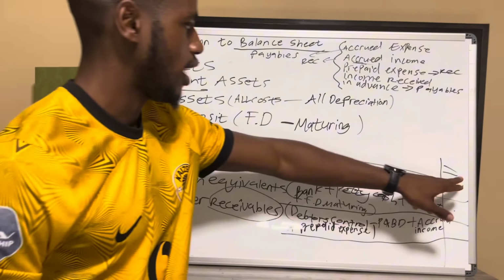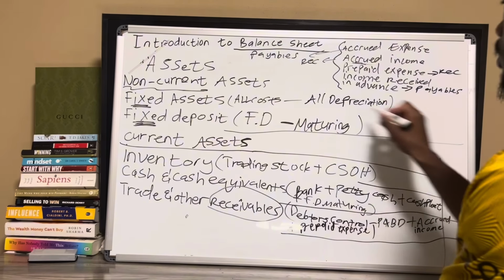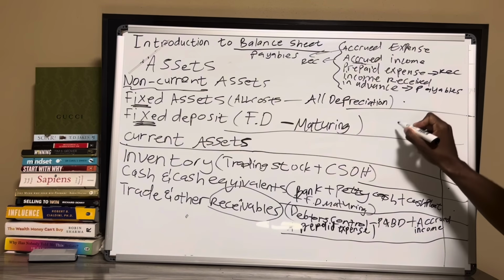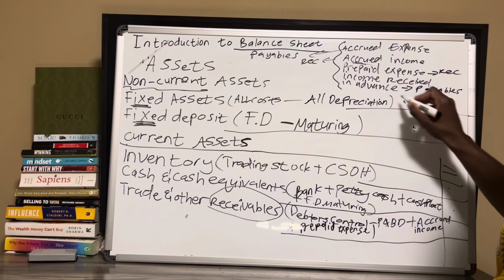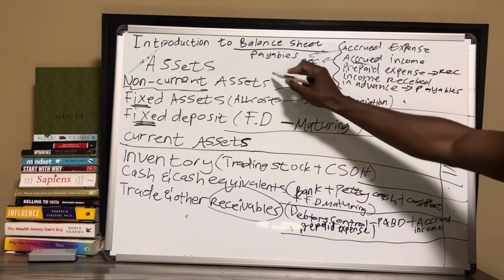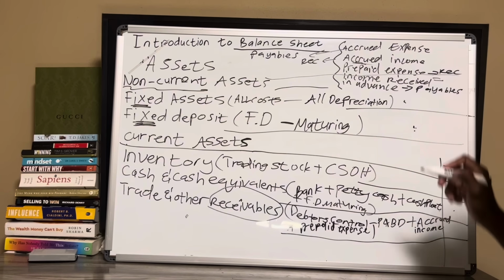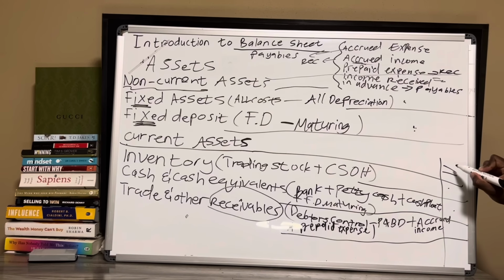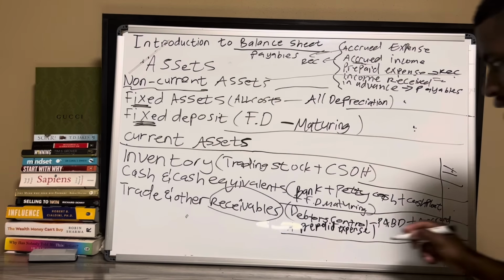Remember, now you have your current assets, and then here you are going to be doing the same thing. You get your total for here, your fixed assets, and for here, your fixed deposits. After adding these two amounts, you will be getting your answer here under non-current assets. Now you now have your non-current assets and you now have your current assets. You are going to be putting both these amounts here at the bottom.